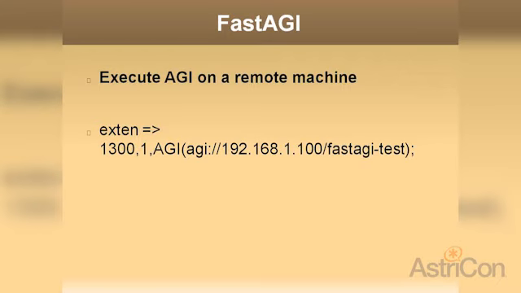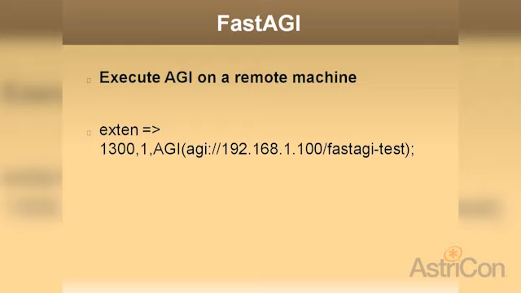FastAGI executes an AGI script, but on a remote machine. For example, I'd like to use FastAGI test, but you remember at the beginning I said you're going to fork a new process on your system.